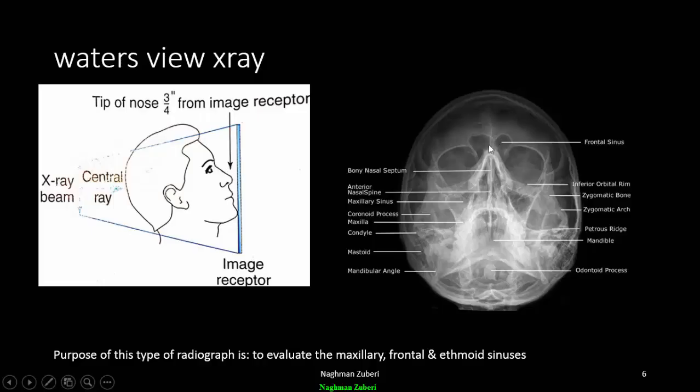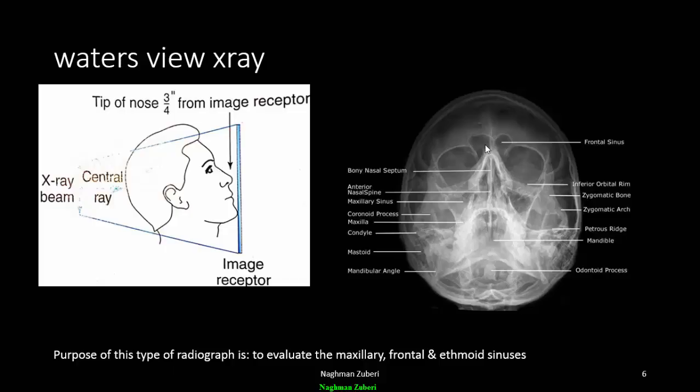On this radiograph, you are able to see the frontal sinus, bony nasal septum, inferior orbital rim, anterior nasal spine, zygomatic bone, zygomatic arch, maxillary sinus, coronoid process, condyle.